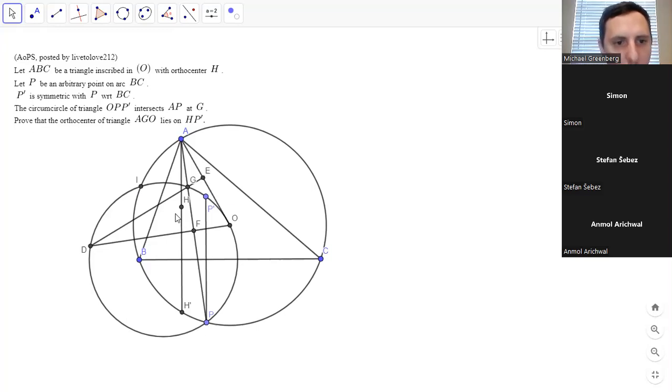So DIO is DGO. And so we want to show DGO plus IAO is 180. And DGO is 180 minus DAO. So yeah, I'm kind of just going in circles now.